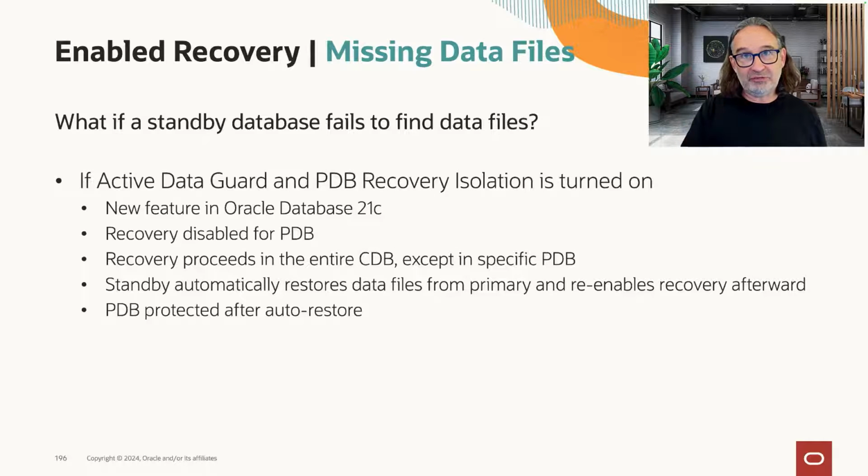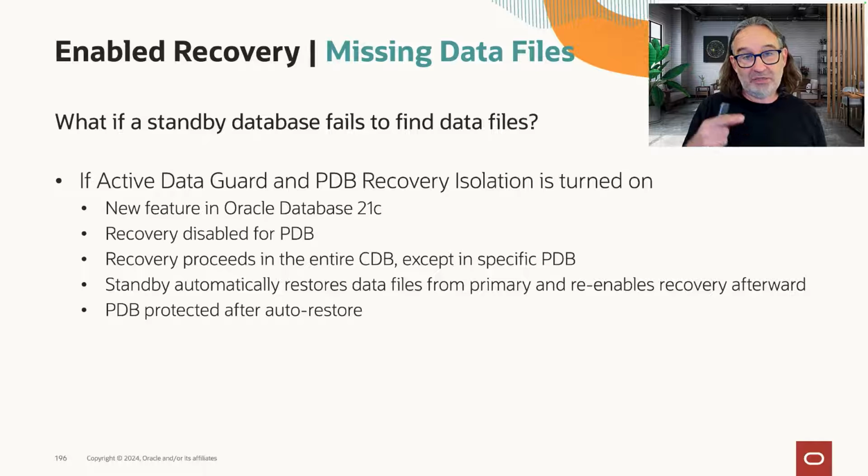So if you have Active DataGuard and you turned on PDB recovery isolation, then the recovery for the specific PDB is disabled. In this case, it doesn't find all the files. The recovery proceeds for the CDB and all other PDBs, except the one which doesn't find the file.